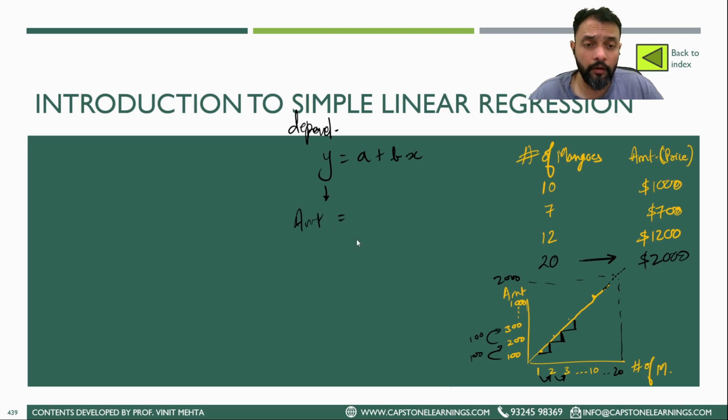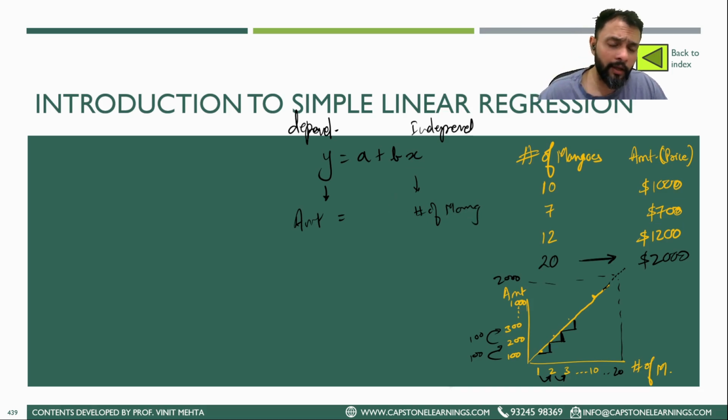The amount which you're going to pay is dependent on how many mangoes you take. And your x is the independent variable, which in this context is the number of mangoes. And then what is the amount per mango? The answer is $100. So you took $100 and multiplied it with the number of mangoes, and the starting point is 0, the alpha, the intercept, which is called. Are you getting it?